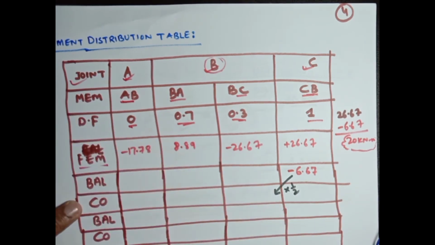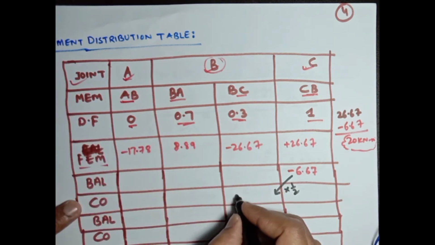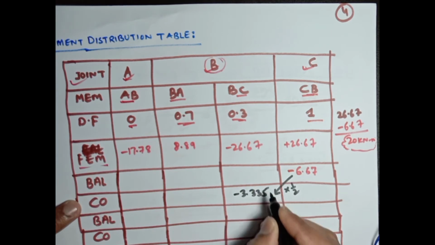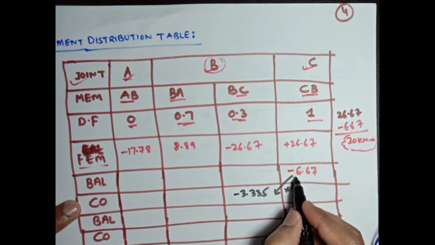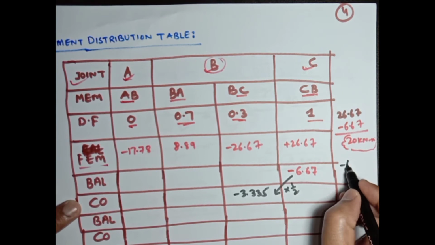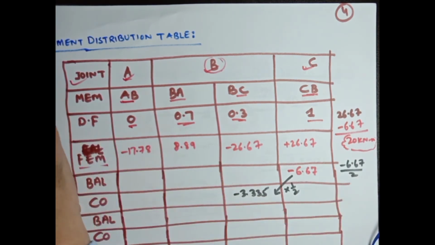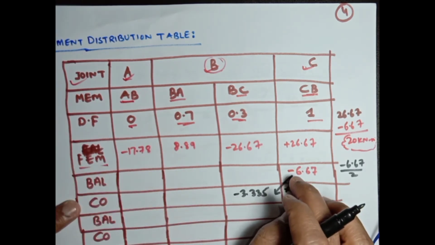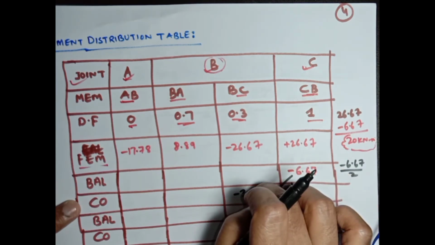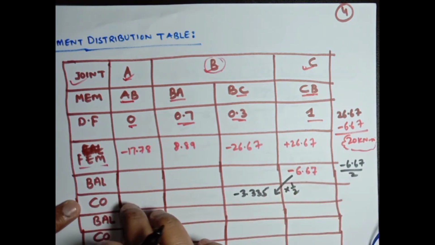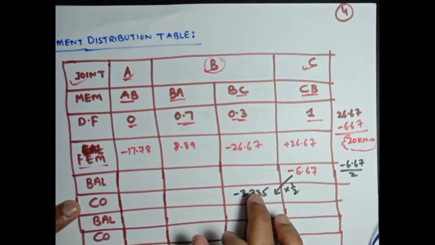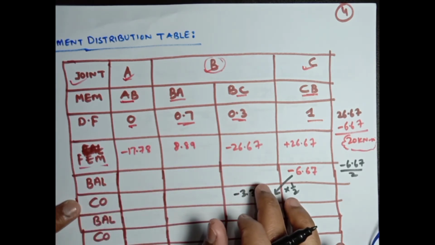So its value will be minus 6.67 divided by 2, which is minus 3.335. It comes with the same sign. Now we have done the balancing, and we have carried this moment over to its nearest span as a carryover moment.